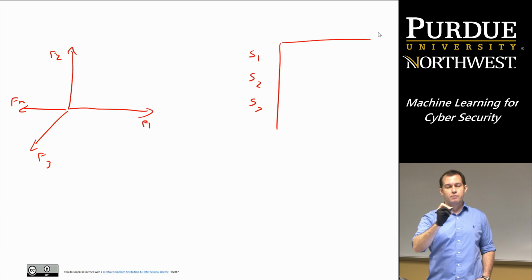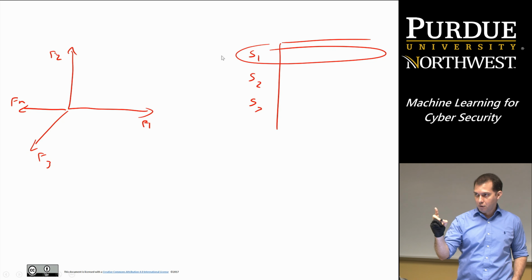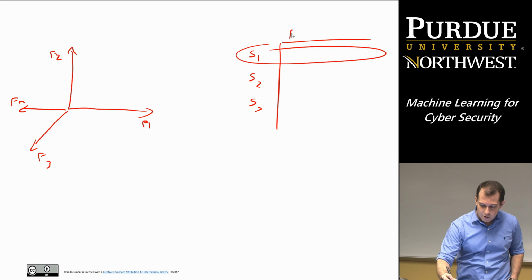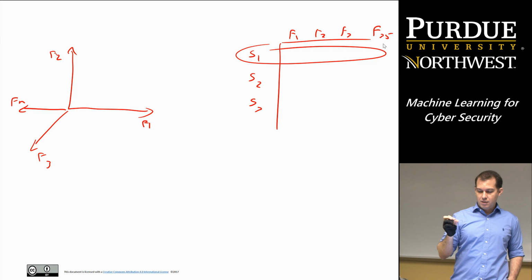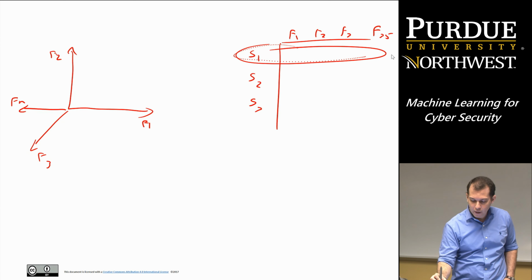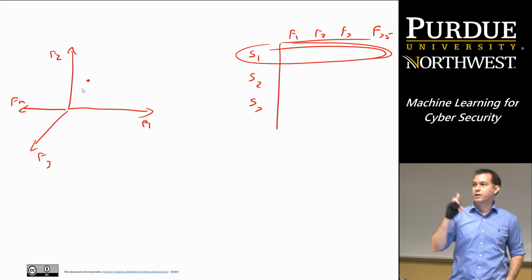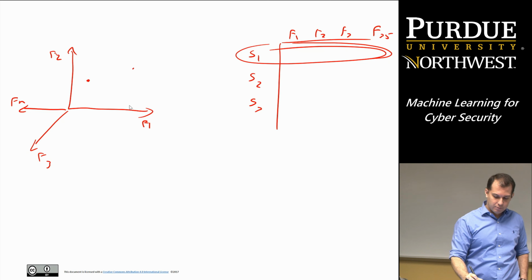In his example of the radio signals, every sample was a 1-second interval, basically, this has F1, F2, F3, all the way to F35, I think he said. Remember, in this space, each one of these is what? A point. So it's just one point. Okay? So every sample is a point, another point, another point, another point.